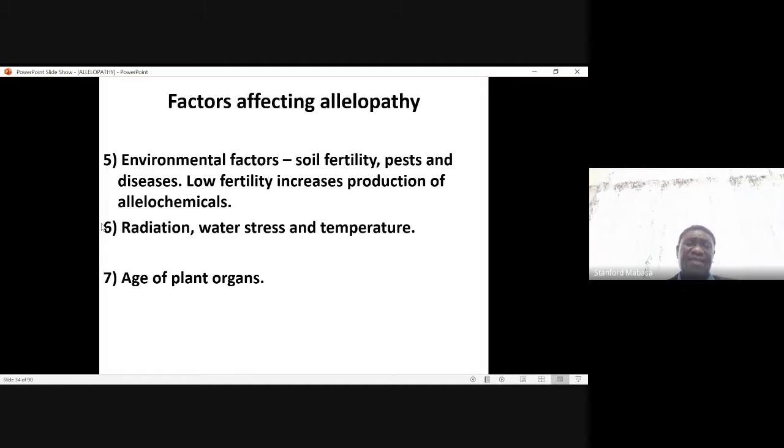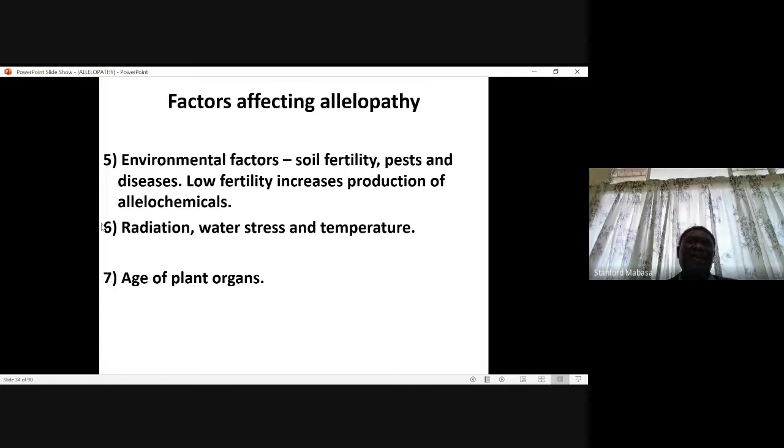How pests and diseases also affect is that once a plant is attacked by pests or diseases, it may respond by producing allelochemicals, probably as a defense mechanism.